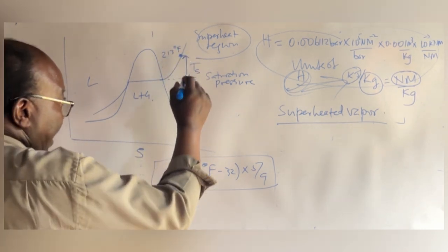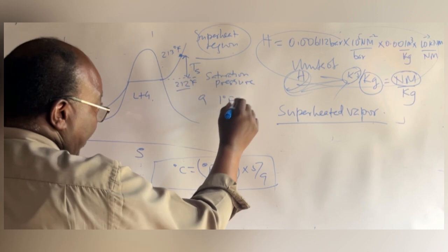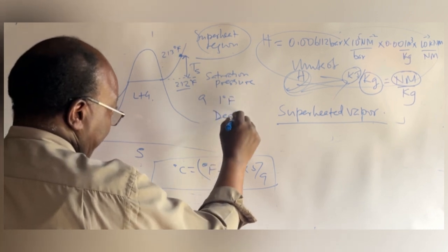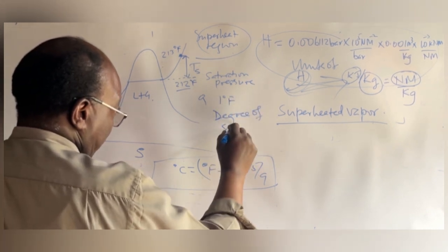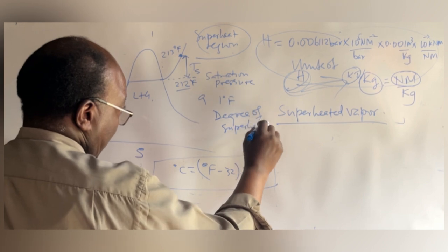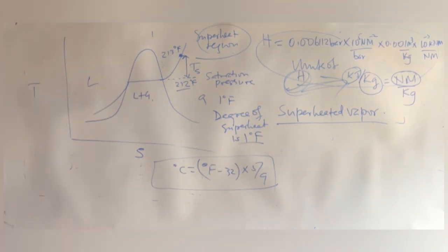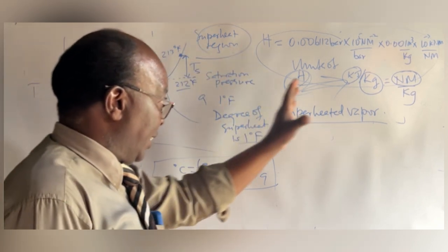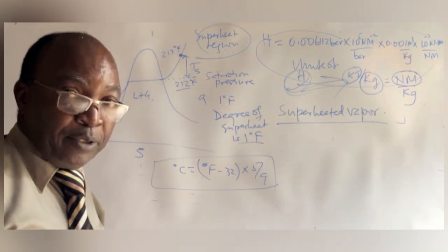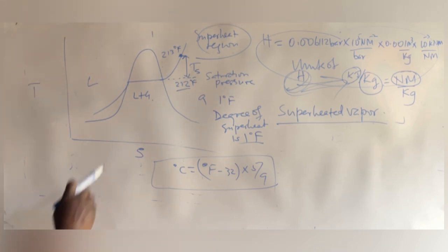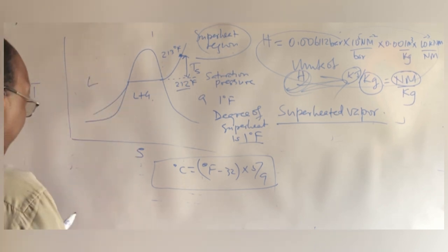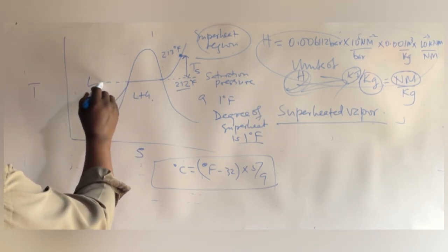The difference here is 1 degree Fahrenheit, so the degree of superheat is 1 degree Fahrenheit. That is the superheat region, whose data you find in the superheated vapor tables for steam. Here we also have the compressed liquid region.